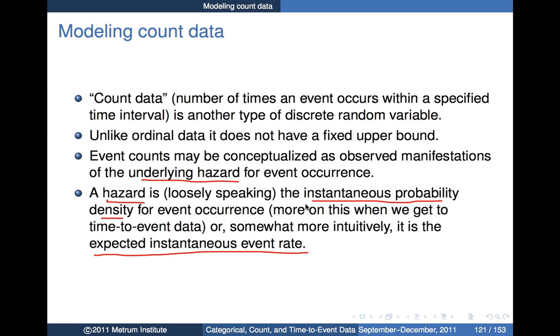So again, we'll cover that in more detail when we get to time to event data, where we have to work very explicitly with hazard functions. But we'll also see that there's a close relationship between the modeling approaches we use for time to event data and what we use for modeling counts. They're both founded on this underlying notion of a hazard.